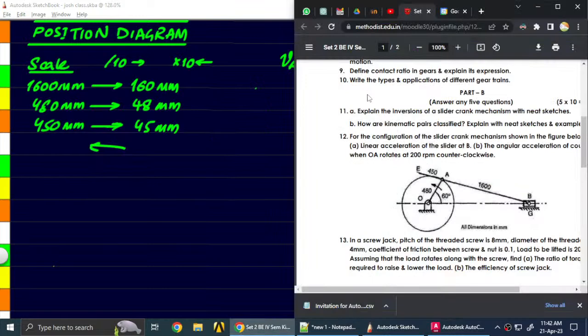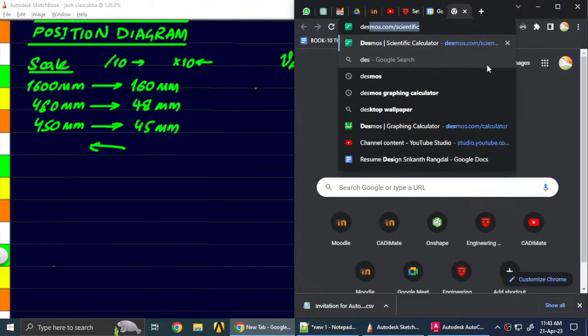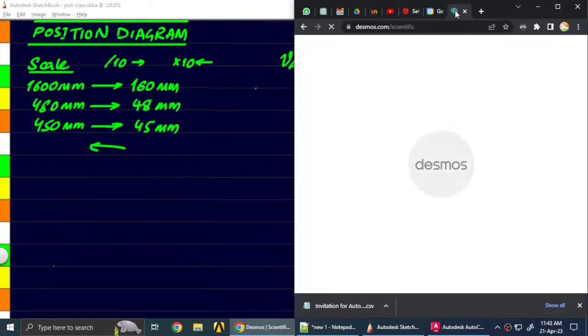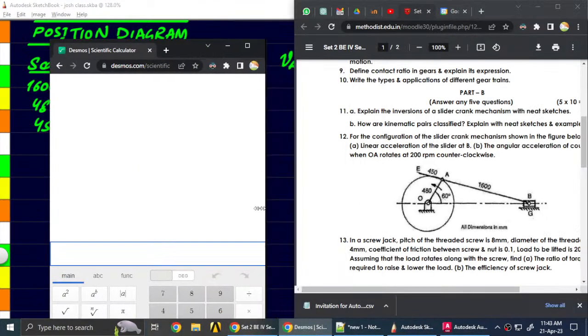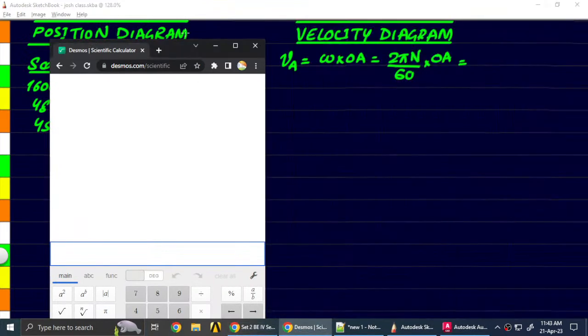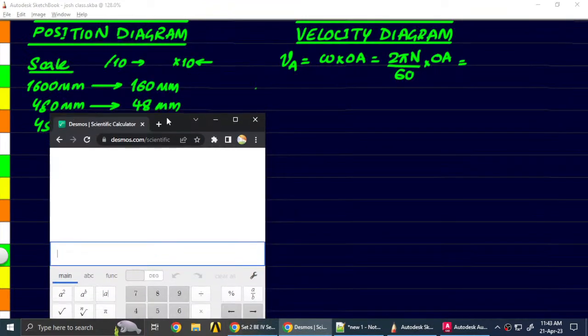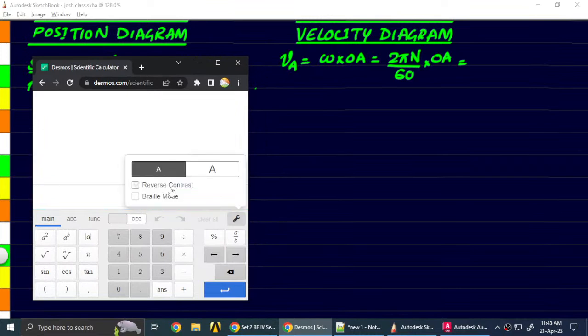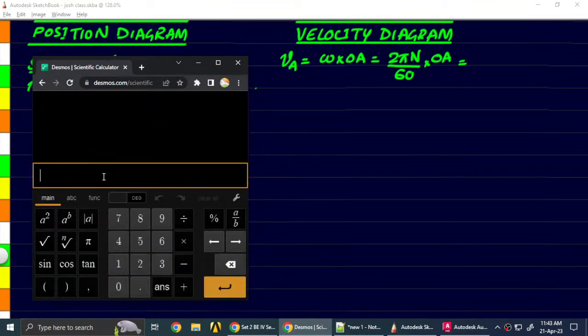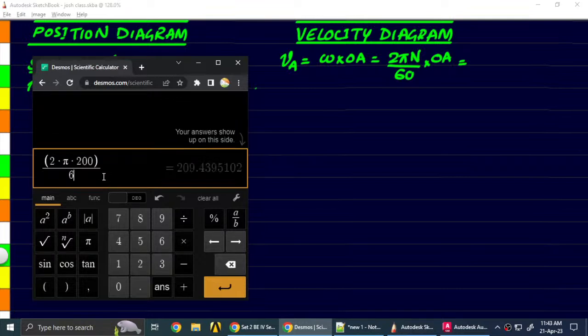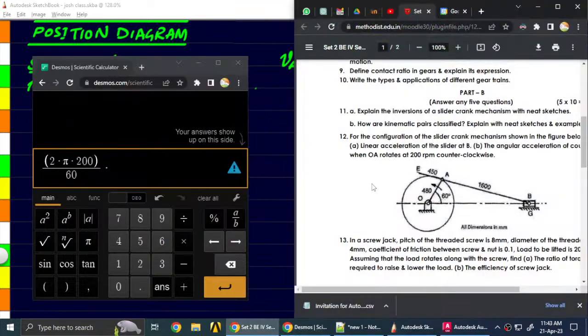So let's go ahead and find this, because we need a calculator. So 2 into pi into n, which has been given as 200, divided by 60. This needs to be multiplied with the length OA.